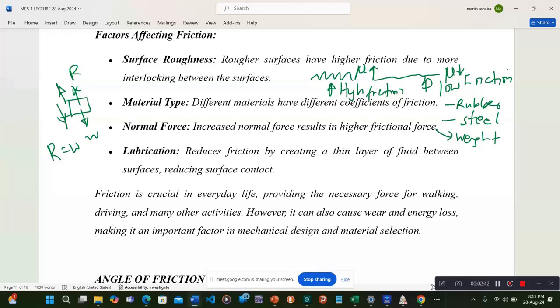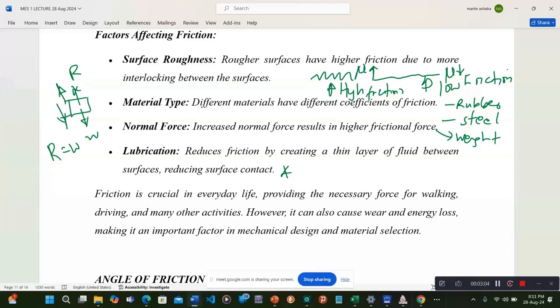Then lubrication: if there is any lubrication, it reduces friction by creating a thin layer of fluid between surfaces, reducing the contact. You can look at the friction in, for example, bearings. If a bearing has been lubricated and a bearing has not been lubricated, those two are different.